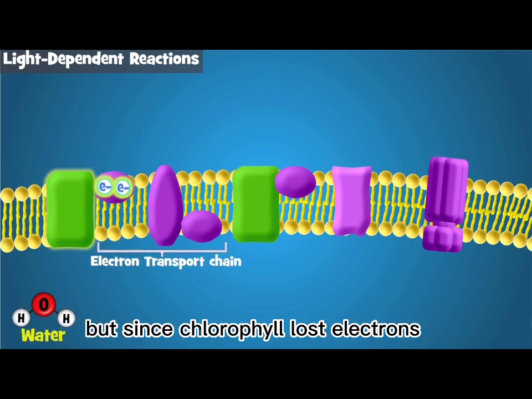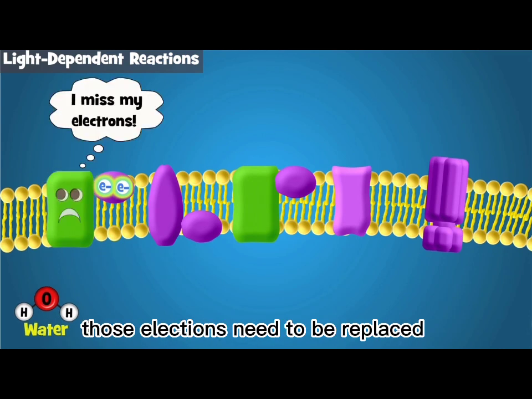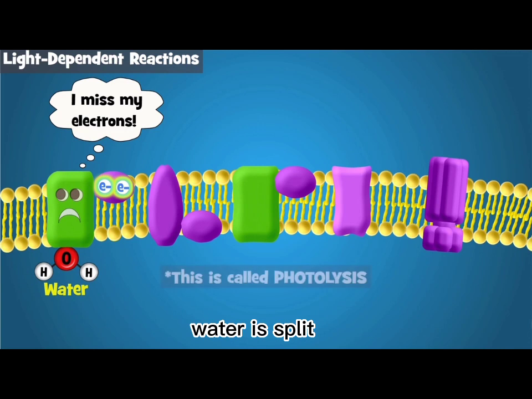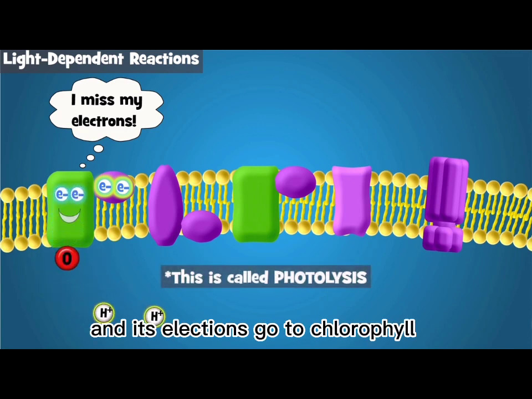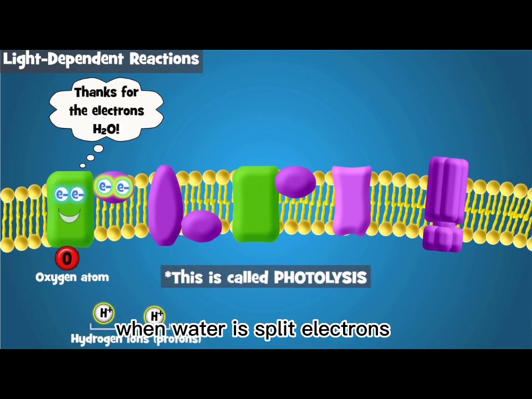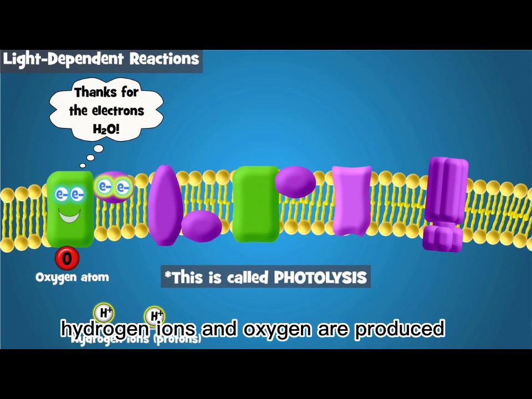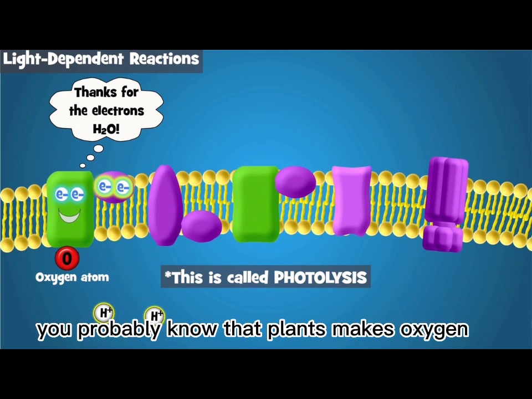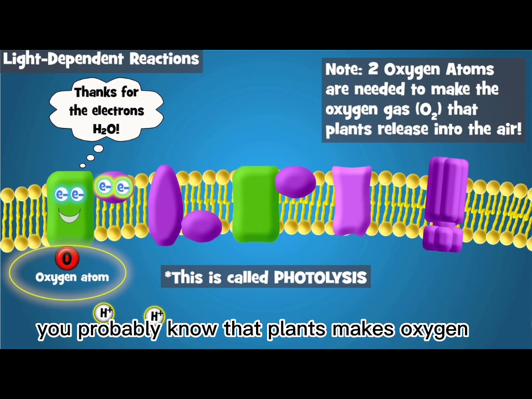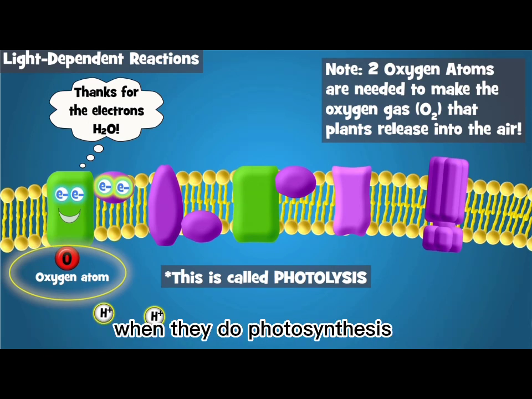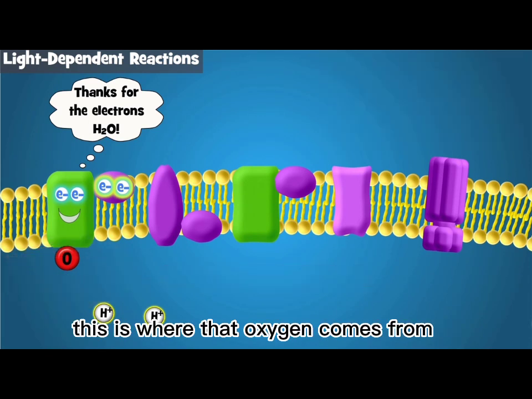But since chlorophyll lost electrons, those electrons need to be replaced. To replace them, water is split and its electrons go to chlorophyll. When water is split, electrons, hydrogen ions, and oxygen are produced. You probably know that plants make oxygen when they do photosynthesis. This is where that oxygen comes from.